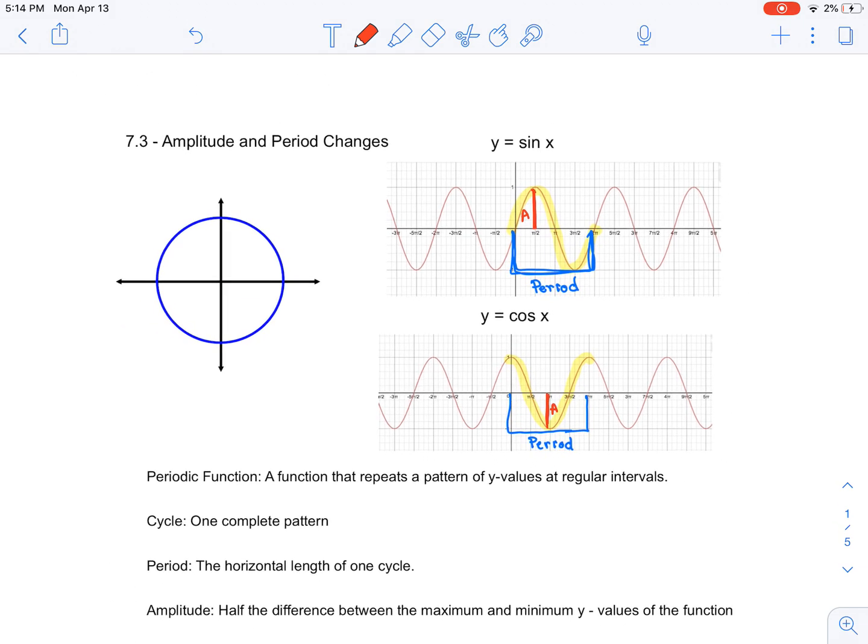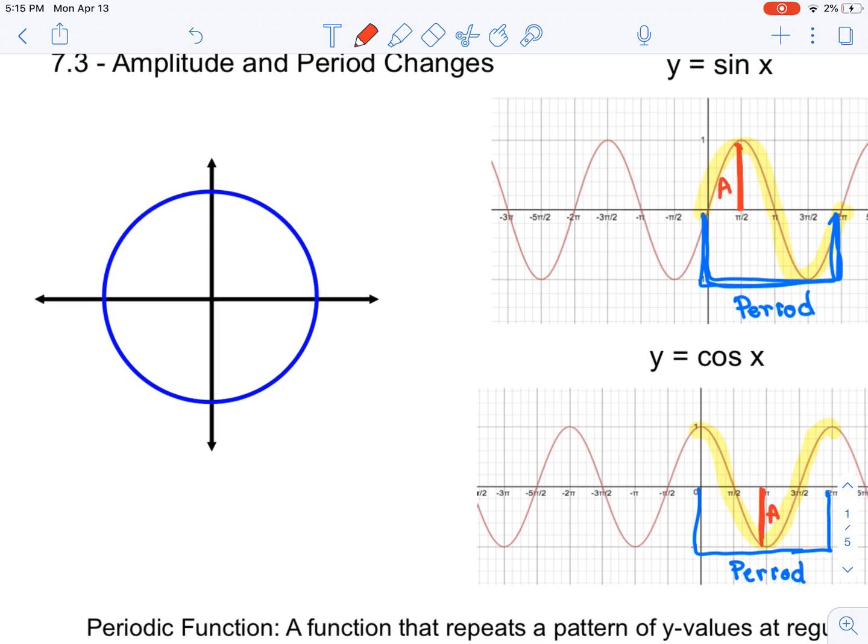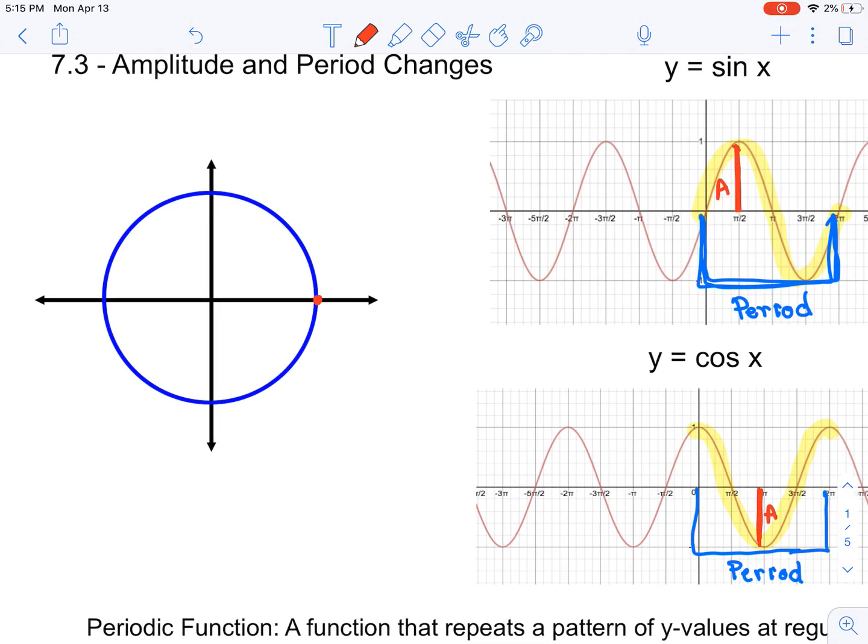One thing that's important is to understand how the graph of a sine and cosine is derived, and it's really derived from our unit circle. So if I look at the unit circle and think about these points. So we have the point here of 1, 0. We have the point here of 0, 1, negative 1, 0, 0, negative 1.